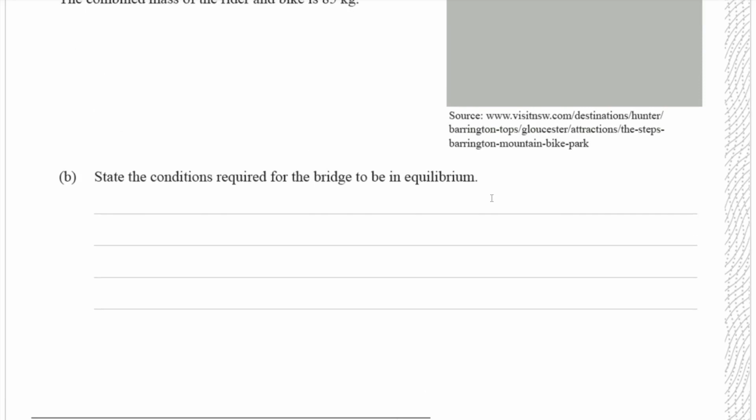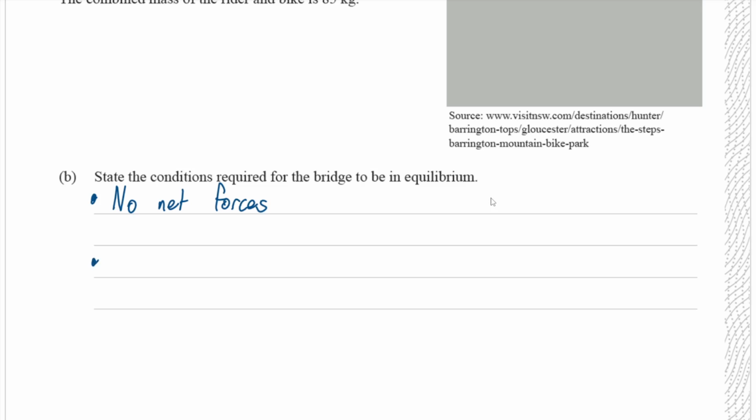So the two conditions for static equilibrium, number 1, no net forces. So that's your gravity, your friction, your support forces, right? When you add them all up in all directions, they should sum to 0.